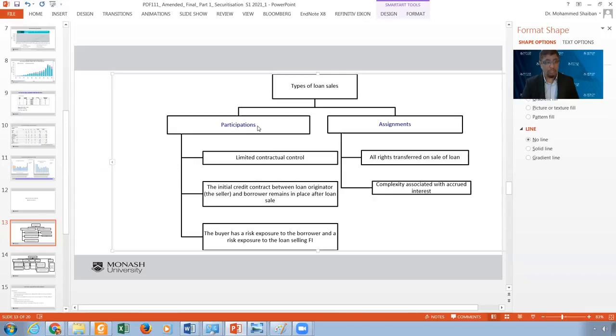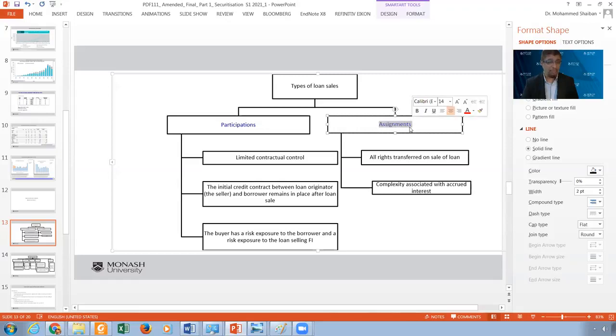Sell with recourse means participation, which means the credit risk is still the responsibility of the originator. Now, assignment is different. It is the same process of selling, but the credit risk will be the buyer's responsibility. Of course, they will sell the loan cheaper.